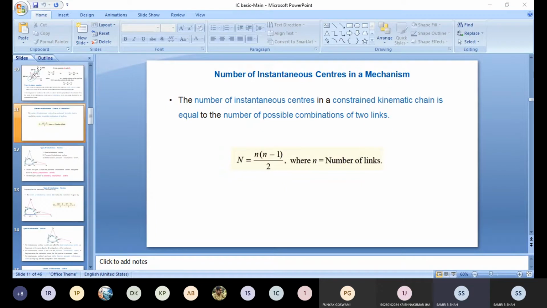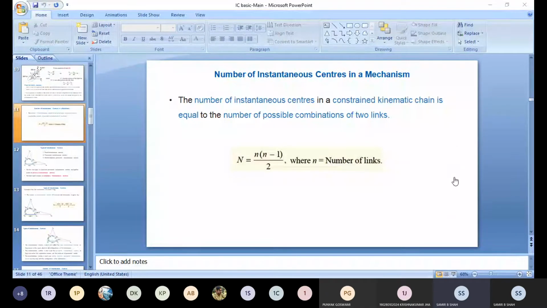Then 4 in the bracket 4 minus 1 by 2 gives us 6. It means there are a total of 6 instantaneous centers. This is the first step to solve an example of the instantaneous center method.